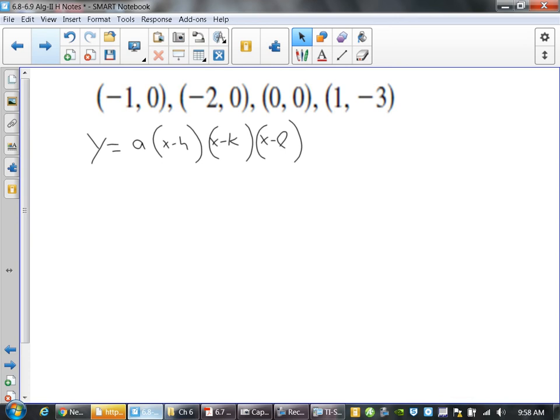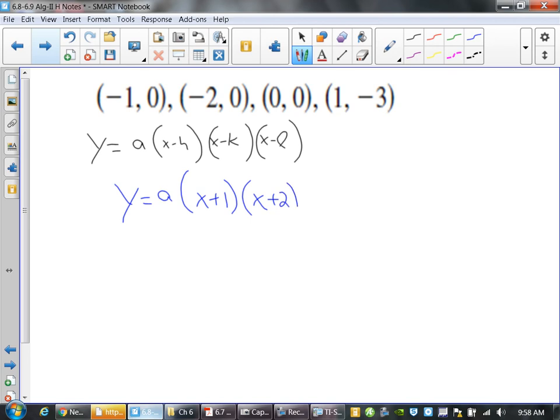So fill in the blanks right off the bat. We know that we're going to get y equals a, x plus 1, x plus 2. And if 0 is my 0, what's my term? X. Very good. And then I use my ordered pair of 1, -3.